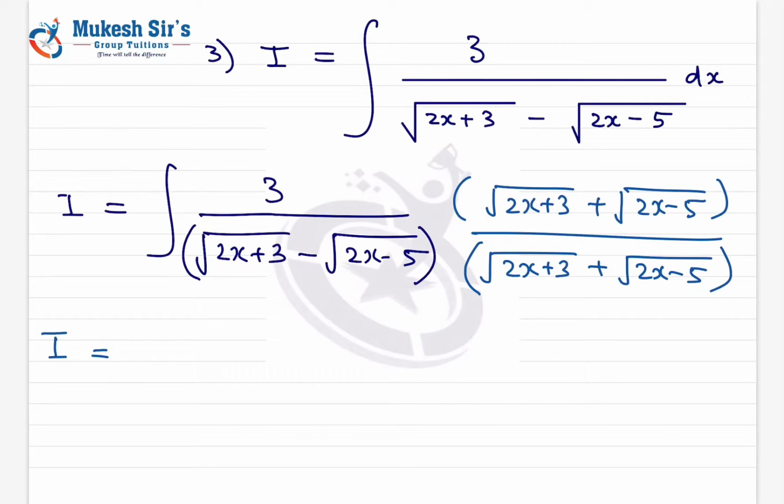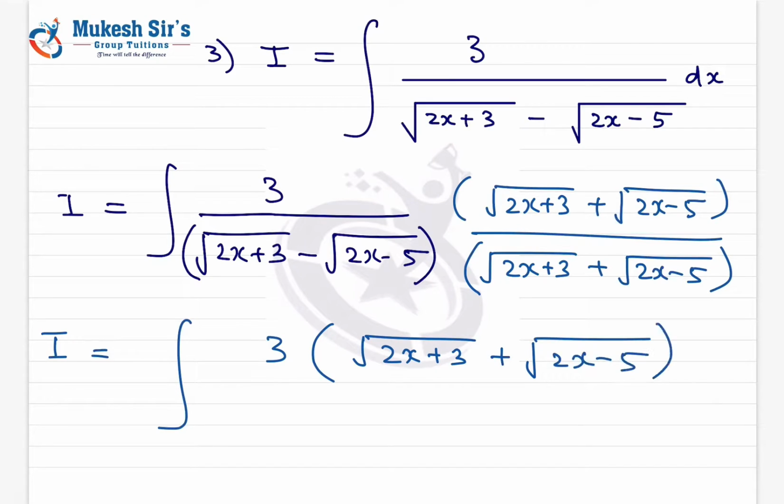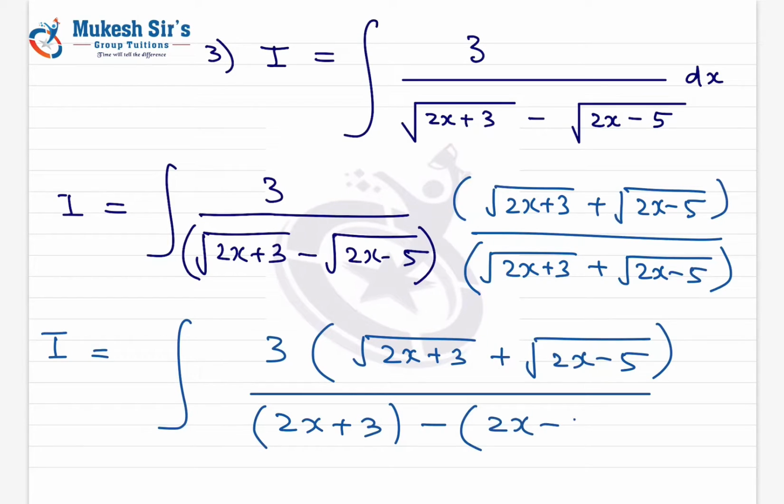So I becomes integration of 3 into root of 2x plus 3 plus root of 2x minus 5 upon the denominator, which is again a plus b into a minus b, so it becomes a square minus b square, right? So a square minus b square becomes 2x plus 3 minus 2x minus 5.